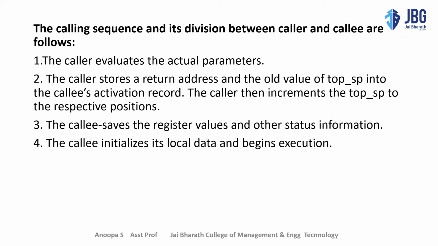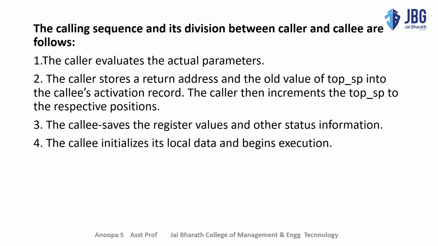So once the value is computed by the callee, it should be returned to a particular statement. So the caller will store that return address and old value of that pointer into the callee's activation record, and the caller will then increment the top to the respective position.